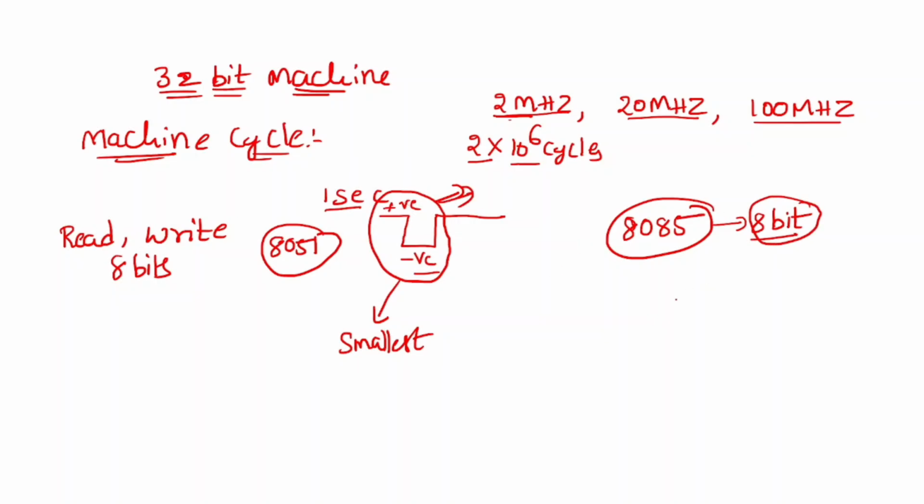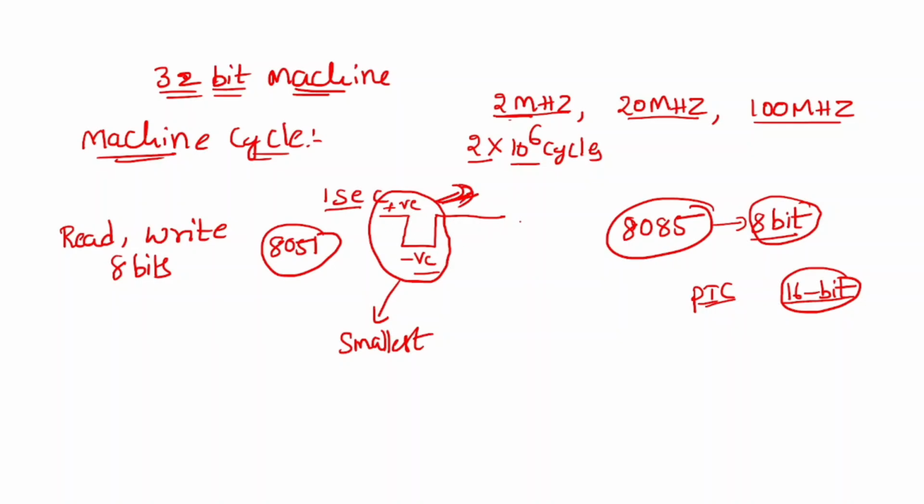Okay, now let's take one 16-bit controller. Let it be a PIC microcontroller. I'm taking one PIC microcontroller of 16-bit. Here, what is the meaning of a 16-bit machine? This PIC microcontroller can read or write 16-bit data in a single machine cycle.